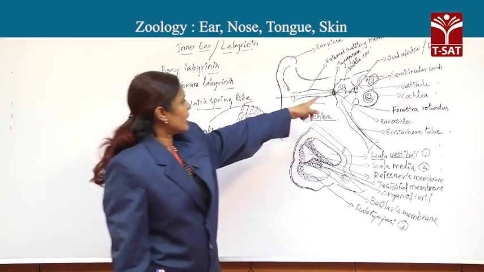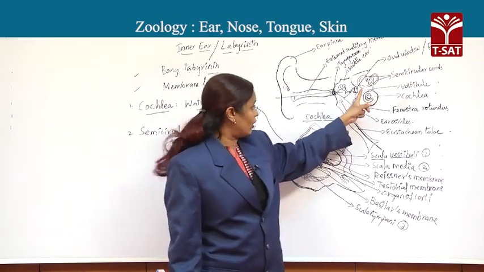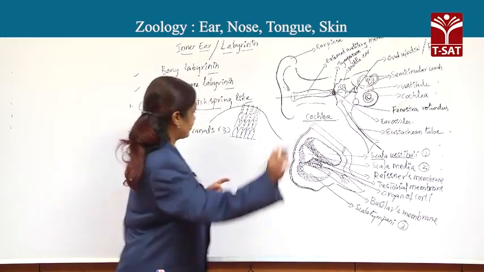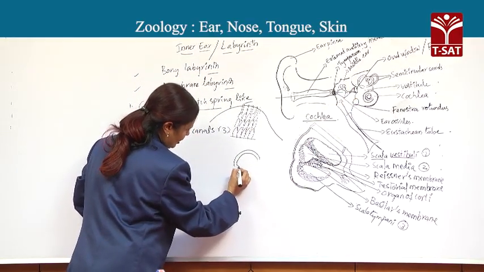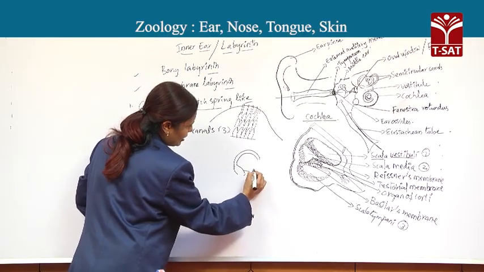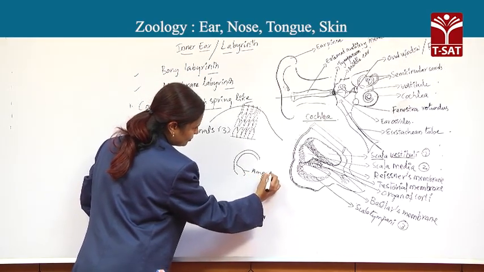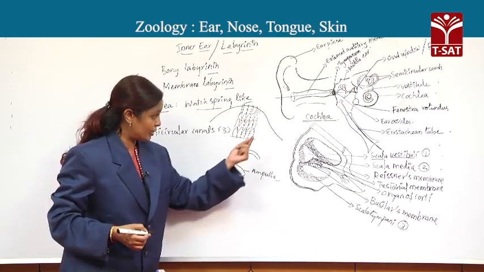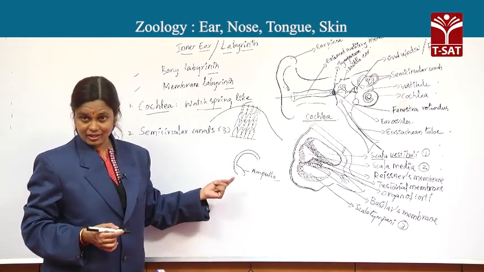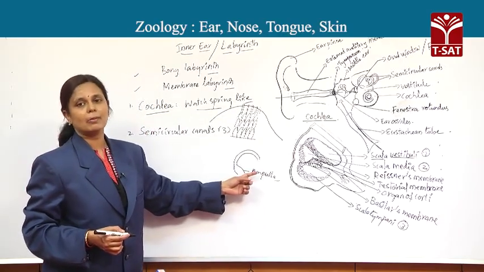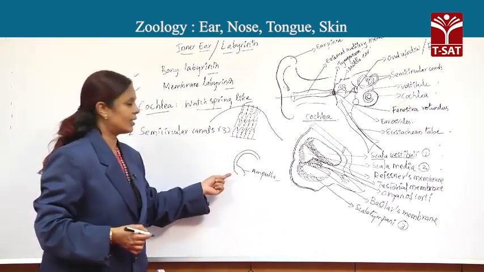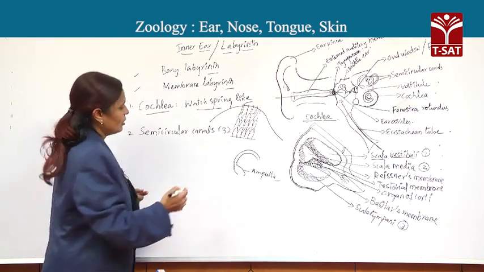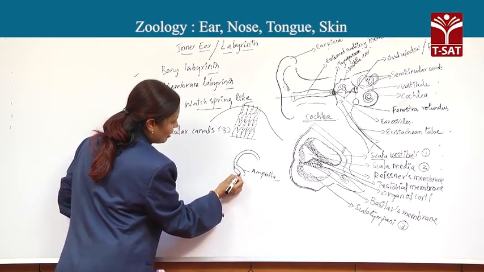Now, the base of each semicircular canal is swollen. The swollen base of each semicircular canal is called ampulla. Inside each ampulla, there is also a sensory ridge called crista.